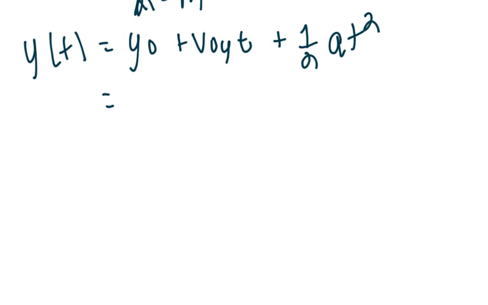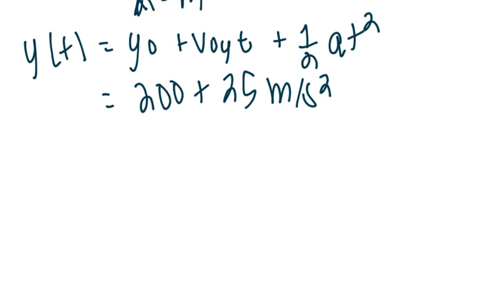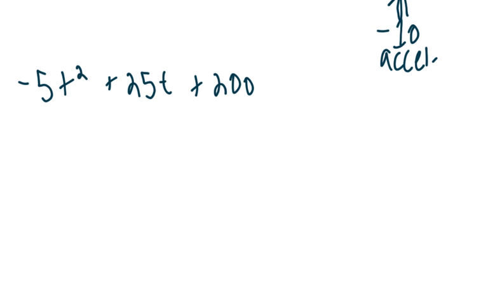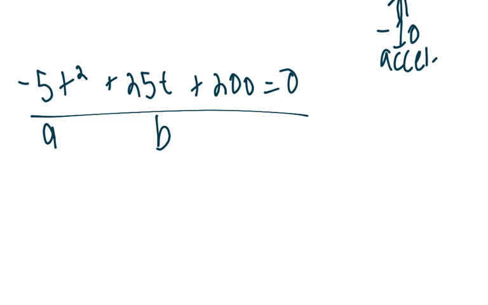By plugging in numbers, 200 plus 25 meters per second times time minus 5 t squared. We got this from our negative 10 acceleration. So we can rewrite it as negative 5 t squared plus 25t plus 200 equals 0. And we can plug this into our quadratic equation, with a, b, and c.